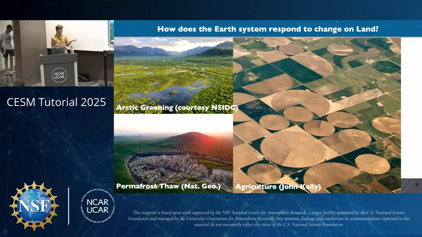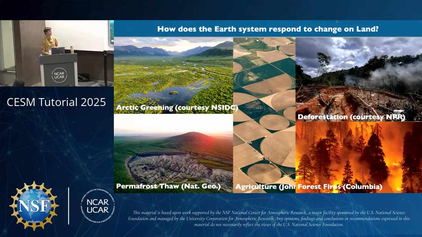Those warming temperatures in the Arctic are also causing permafrost changes, which cause wide-scale geomorphological changes on the Earth's surface. So again, changes in phenology, and also changes in subsurface subsidence and hydrology associated with permafrost thaw, are other features that we can think about in CESM.